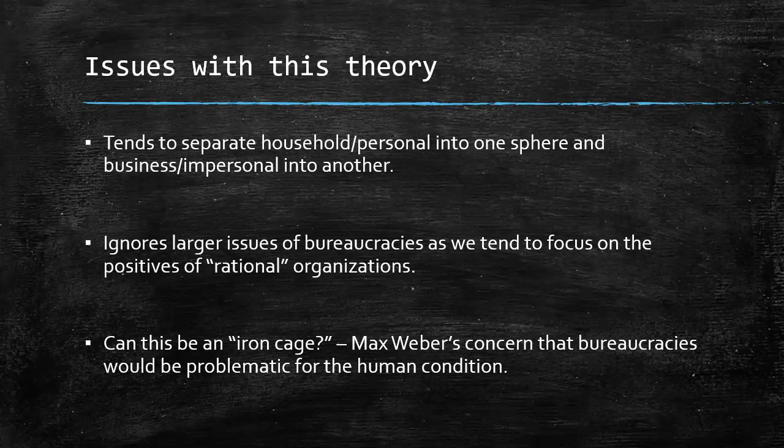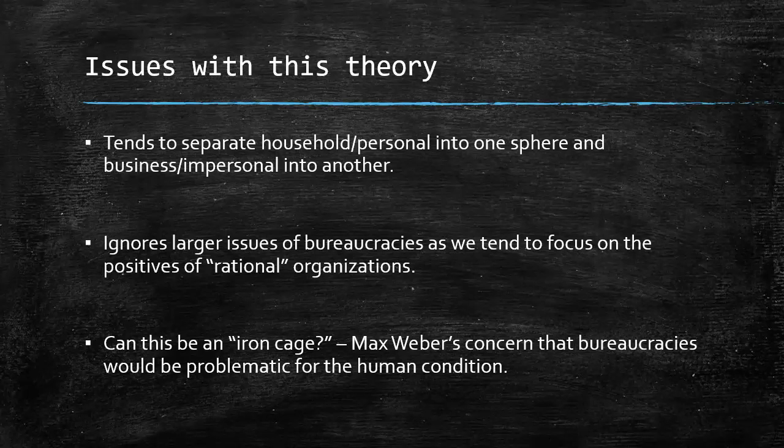But especially in today's environment with the coronavirus, we see that we're not in very separate spheres. Our household personal sphere is not just limited to one space, with our business and impersonal life in a totally different sphere. Rather, we see them as intertwined, which causes some problems.